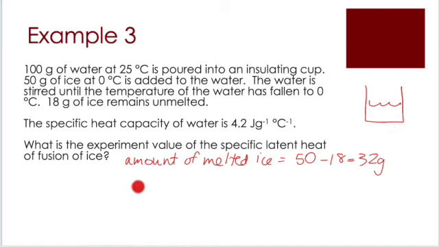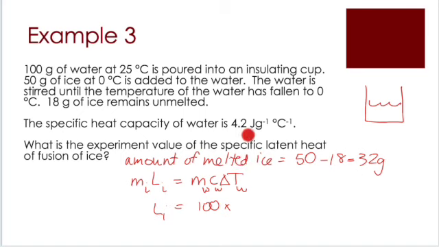So if I use a conservation of energy, that means the amount of ice that was melted, and I'm just going to put little I's here for ice, is going to equal the change in temperature of the water. I'll put little W's to stand for water. Moving this around, I'm going to have the mass of water, which was 100, times the specific heat capacity of water.